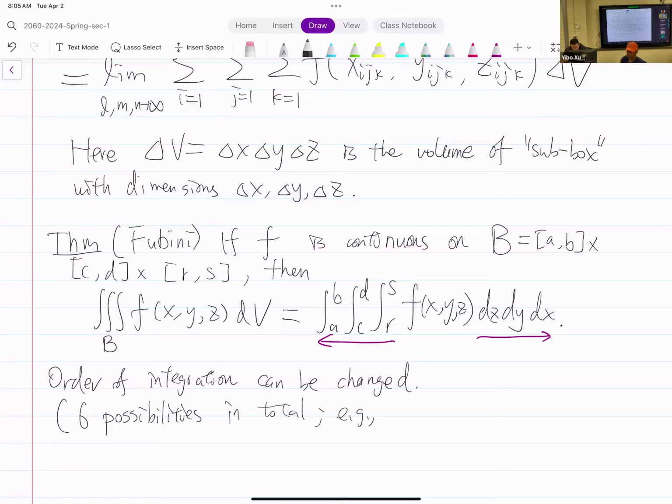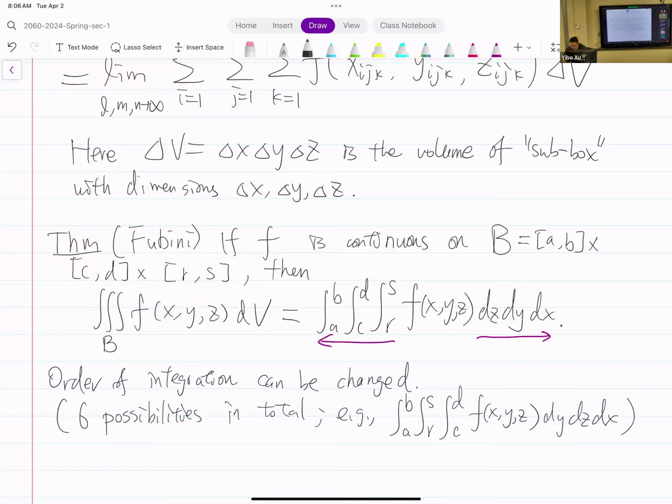For example, if you write dy dz dx, you just write out the integrations accordingly. Because here dx is on the outside, that tells you we have from A to B for the most outer, and then z is the middle, so z goes from R to S. Finally, y is from C to D. And you put f of x, y, z there.